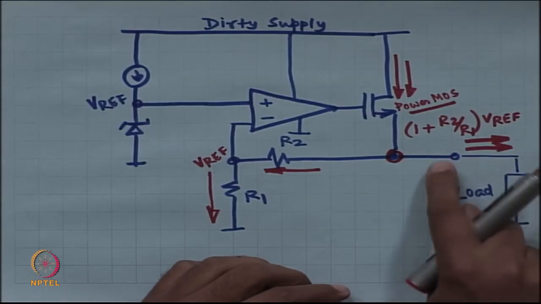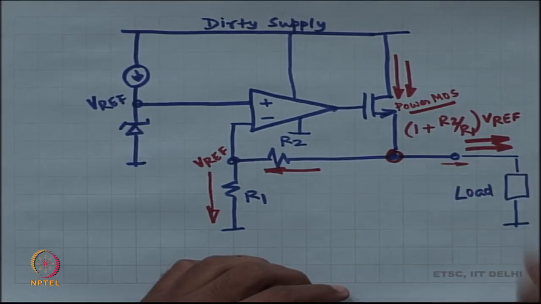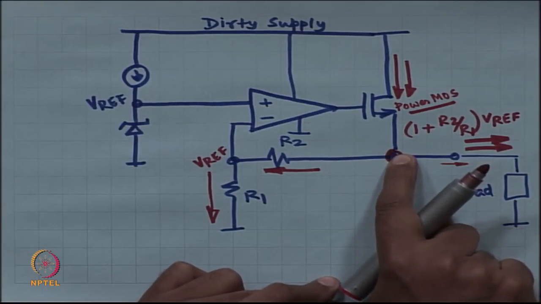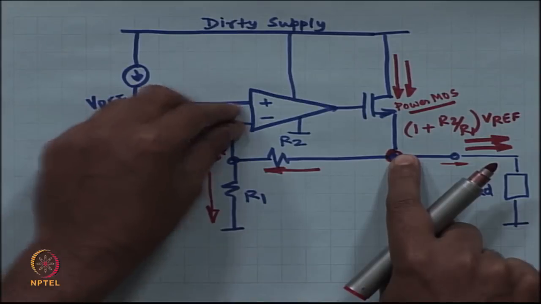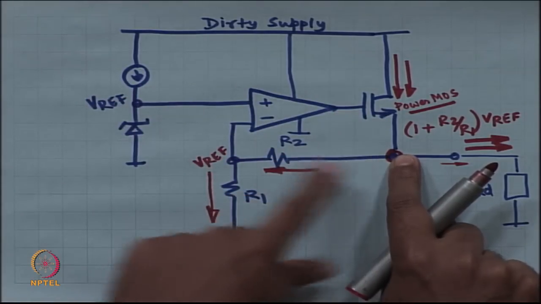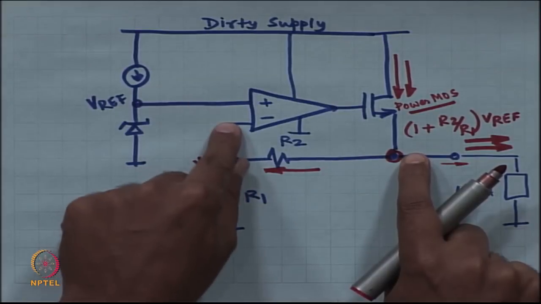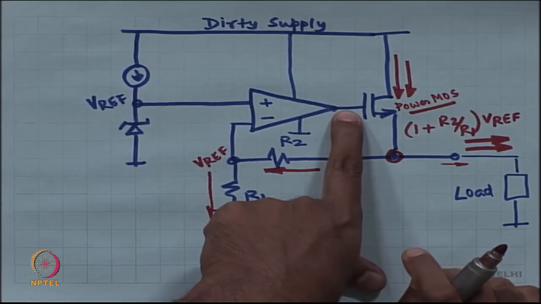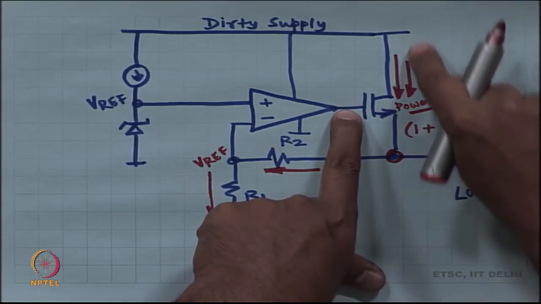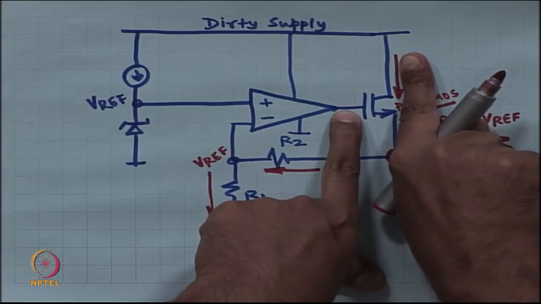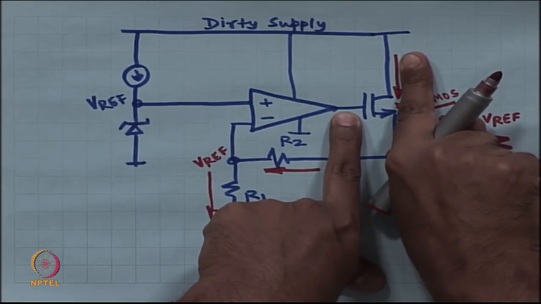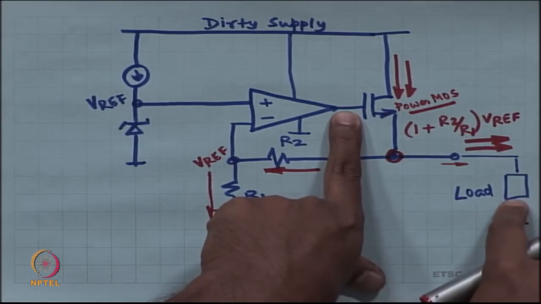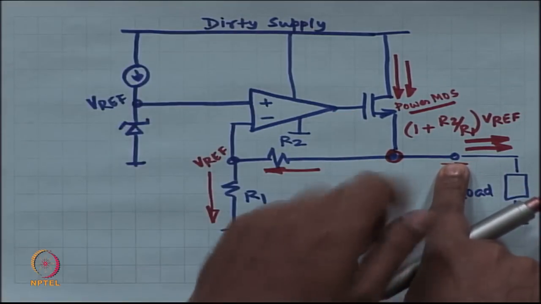If the requirement is small, then suppose this voltage goes up a little bit, then immediately the gate voltage of the power NMOS is going to go down, and immediately the current is going to go down. If the current over here goes down, what gets pushed into the load goes down. So, it stabilizes, it brings the voltage down.